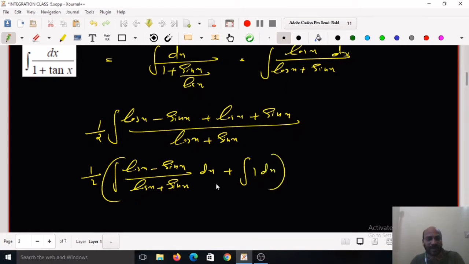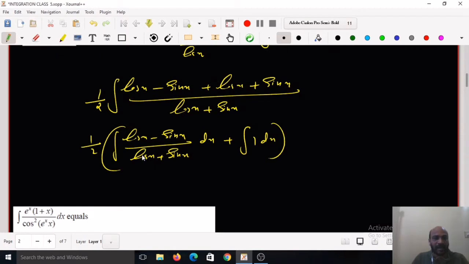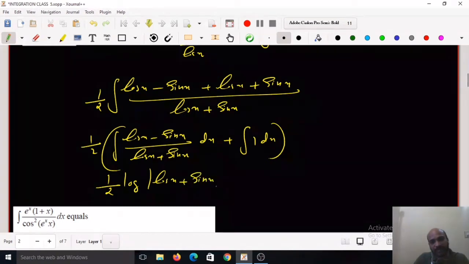Now we can find the answer very easily. The derivative of cos x is minus sin x and of sin x is plus cos x, so this is of the form f dash x by f of x. The answer is 1 by 2 into log mod f of x, where f of x is cos x plus sin x, and integration of 1 is x, plus c.